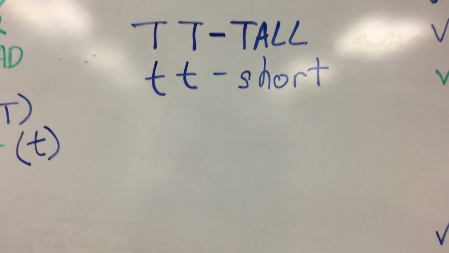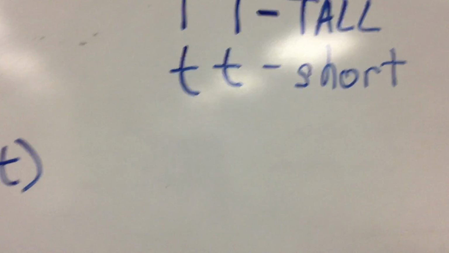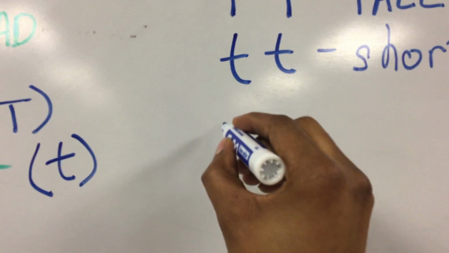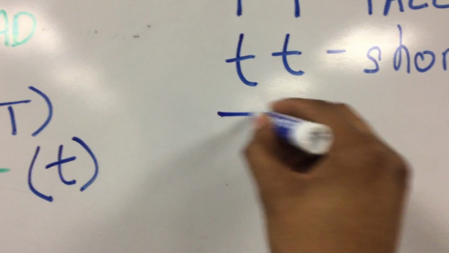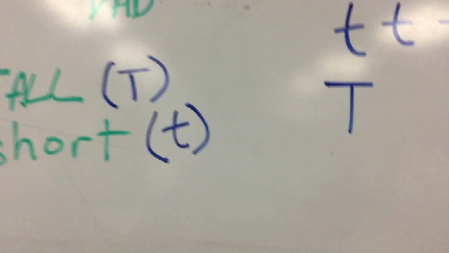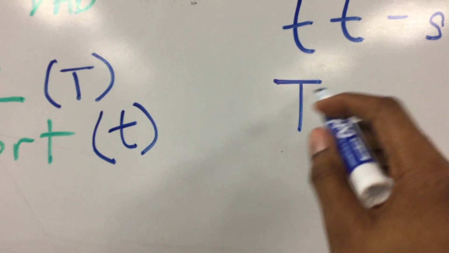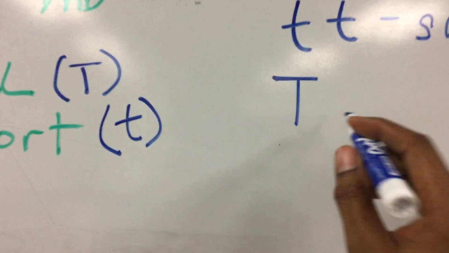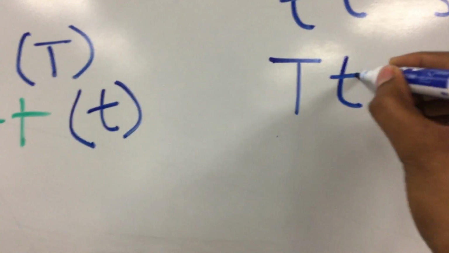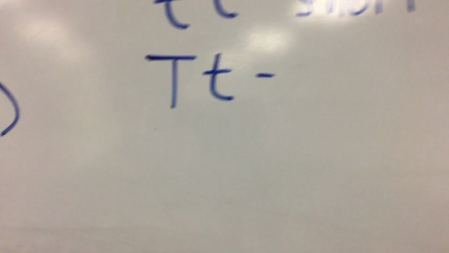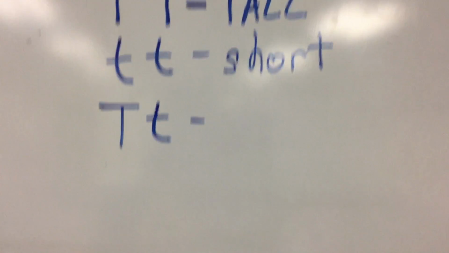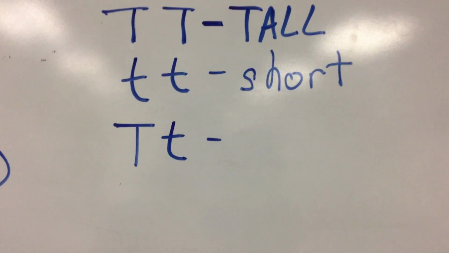Now, what gets tricky and more interesting is what happens when one parent gives us the tall allele, and another parent gives us the short allele. What do you think would happen here?